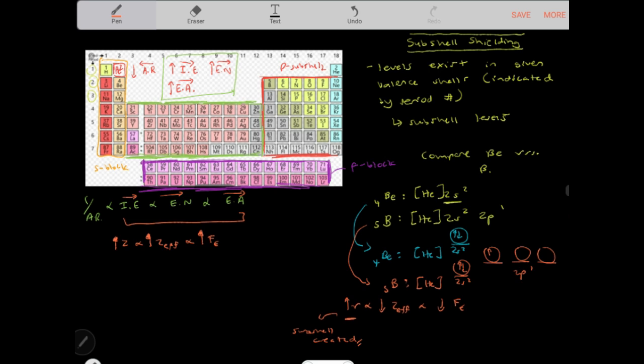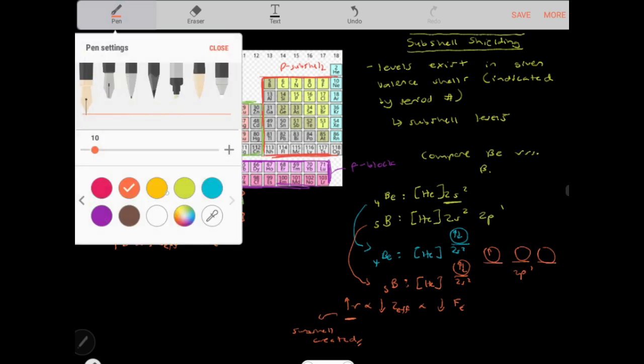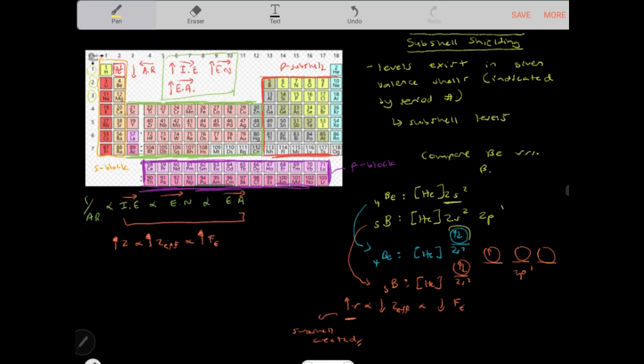Okay, and furthermore, because you get a new subshell that's created, you also have filled subshells existing. So this is an example of a filled subshell, this is an example of a filled subshell, and this is an example of a filled subshell. The more filled subshells and core electron shells you have, the more shielding you get.